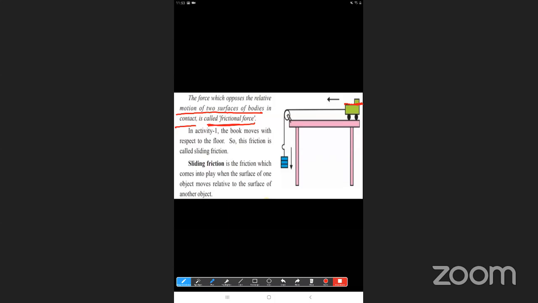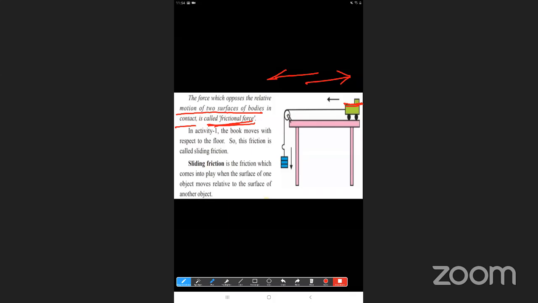Yes, but here these two forces are in opposite direction. The trolley is moving towards left and the wooden block is moving towards right. The force which opposes the relative motion of two surfaces of bodies in contact is called frictional force.